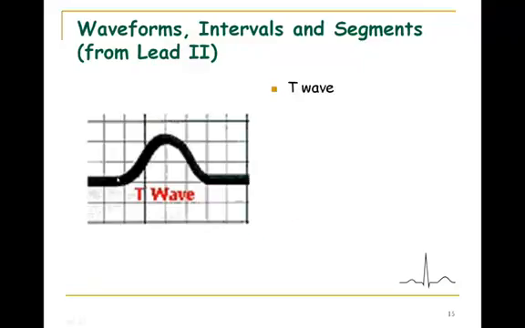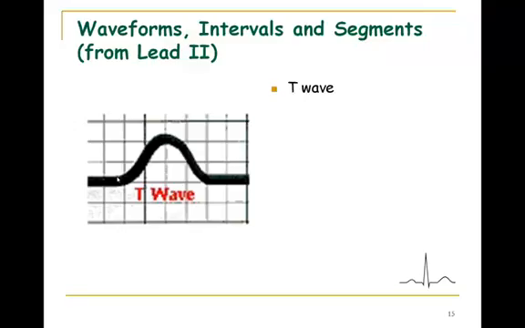The T wave. Now the T wave represents repolarization of the ventricles. It's usually a little bit asymmetrical. Of course, we hand drew these, so this actually kind of looks symmetrical, but it's usually asymmetrical.